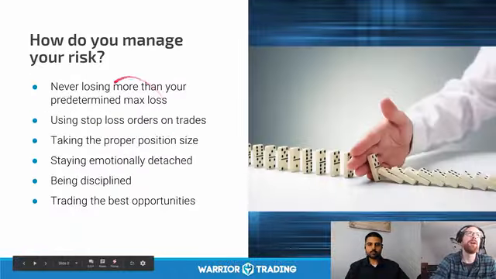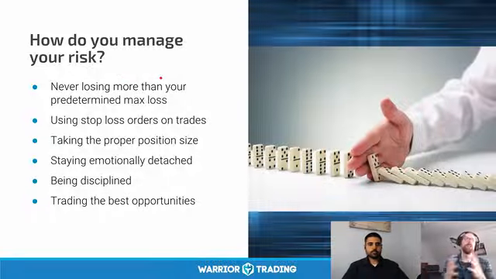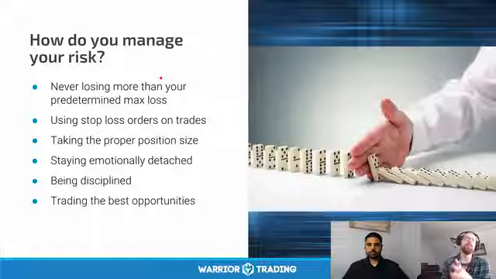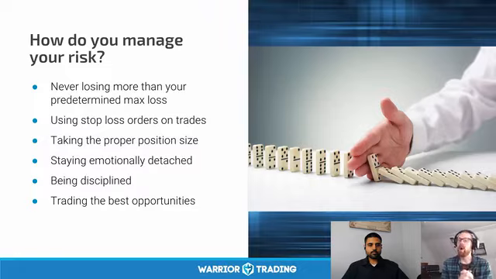All right, let's see. So how do you manage your risk? One of the things that we talk about is never losing more than your predetermined max loss. This is to say that you don't want to adjust your risk tolerance to accommodate a losing position. So if you're in a trade and suddenly you're down $500 and $500 was your max loss, you should be pressing the sell button.